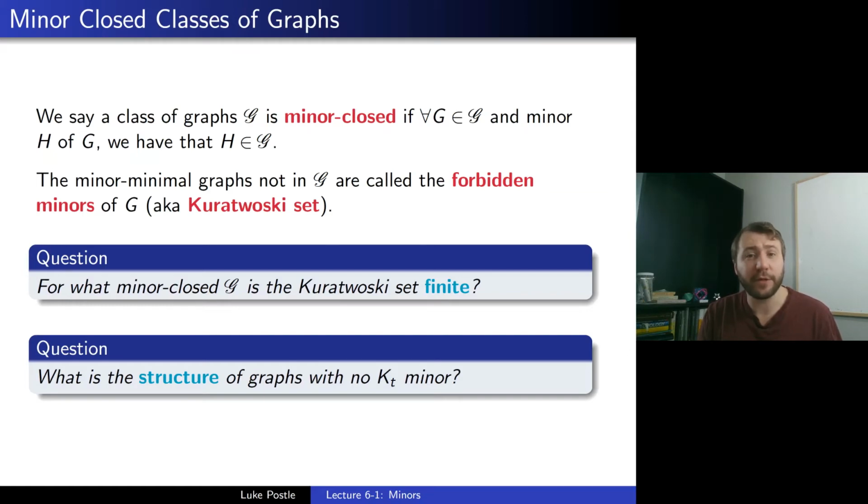Is that property true for all minor closed classes? Or if not, for which ones? And let's also talk about the structure of forbidding certain minors. We could talk about a certain planar minor, but maybe more generally, let's talk just about the complete graphs, because it would give you a sense for all graphs. We'll revisit these questions a bit later, but let's dive into some of them.